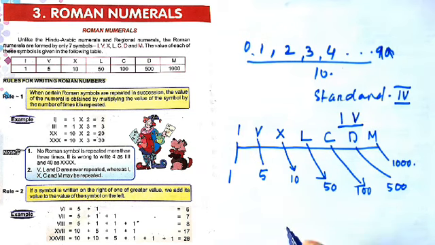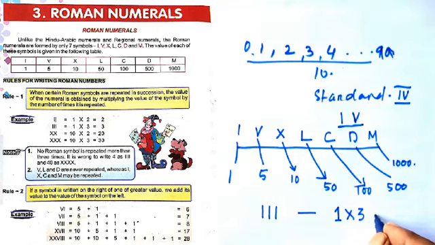That means, if we write the symbol I 3 times, its value is 1 times 3, that is 3.